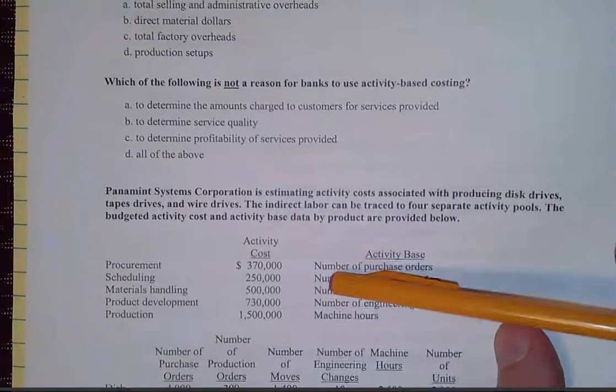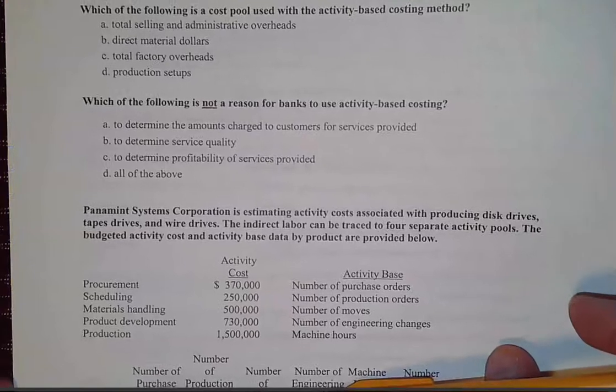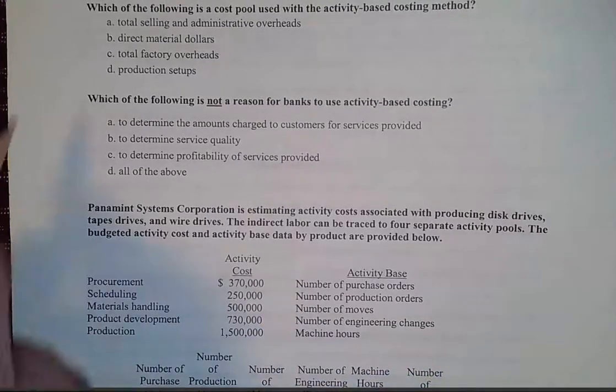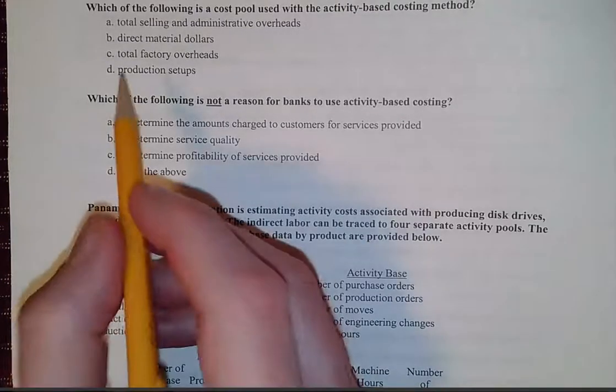Do a couple more of these questions and then see where we're at. All right, so right up here, which of the following is a cost pool used with the activity-based costing method? Okay, so let's see here.